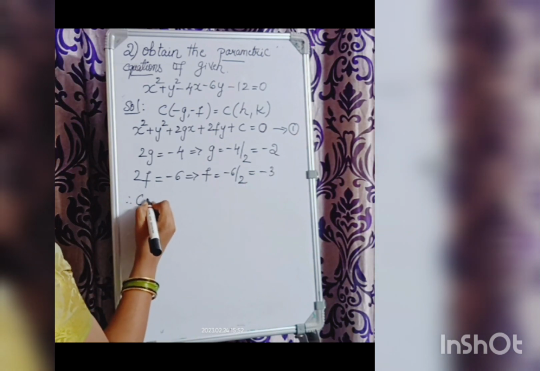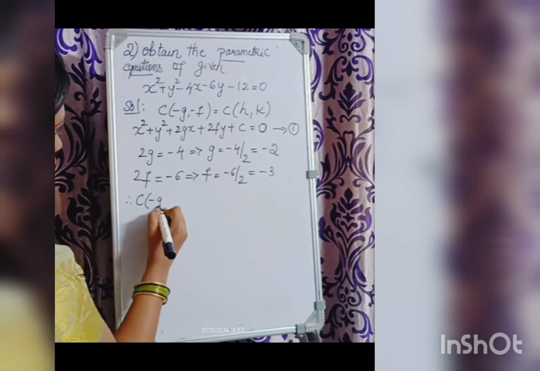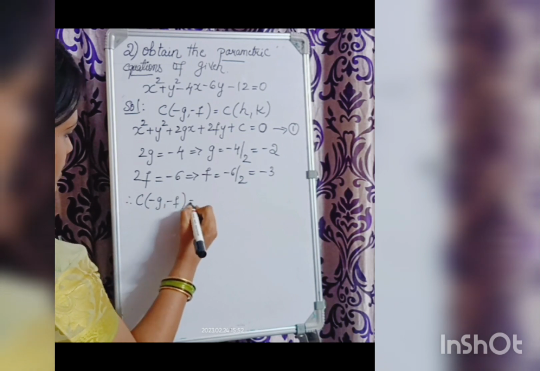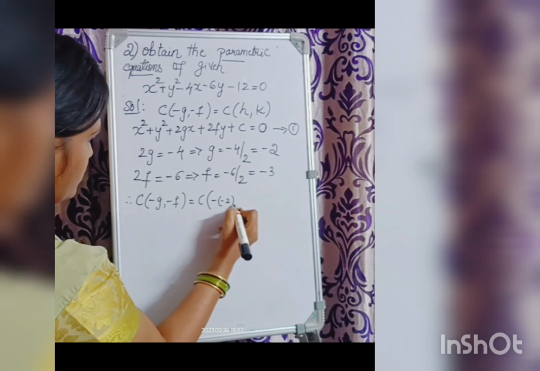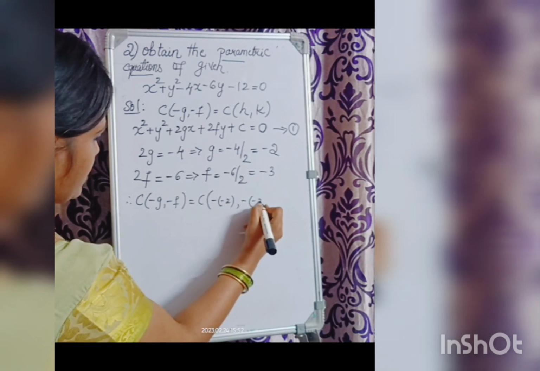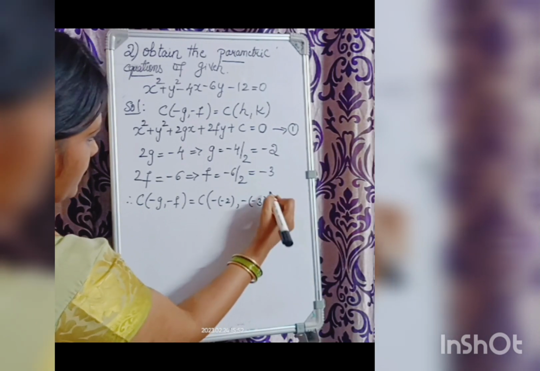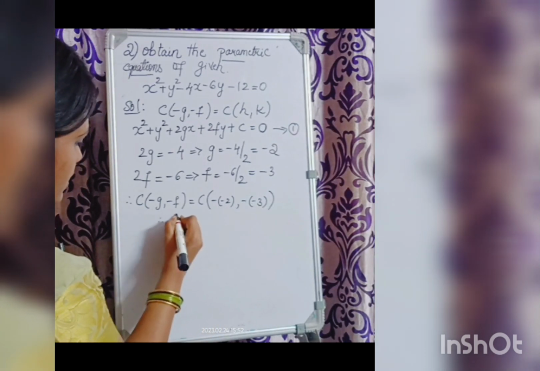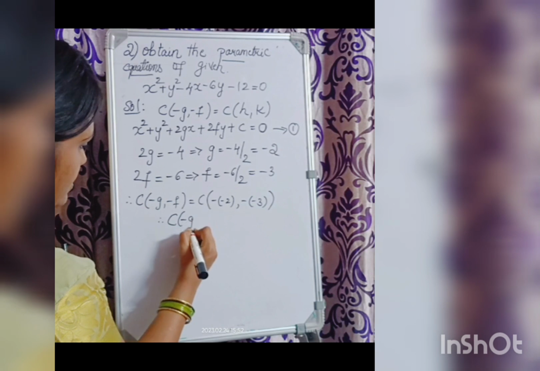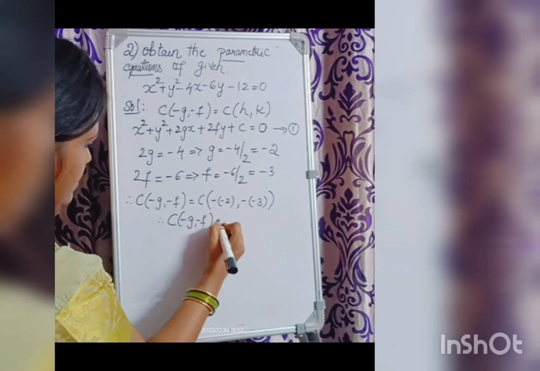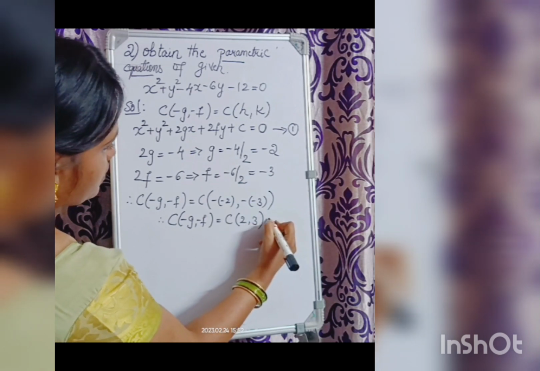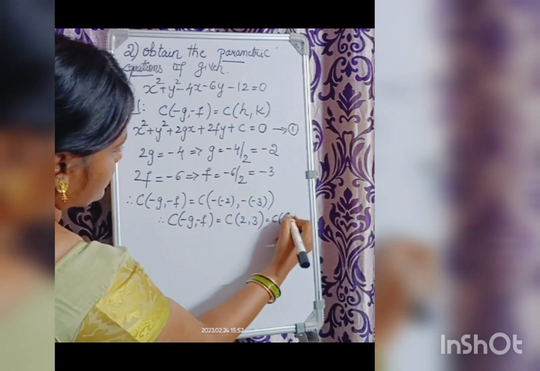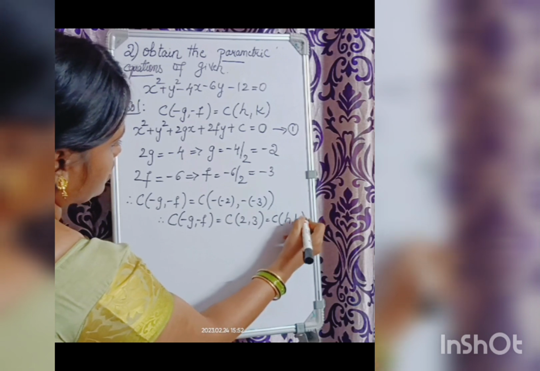Therefore, center is minus g comma minus f, which is minus of minus 2 comma minus of minus 3, right? Therefore, the required center of circle is 2 comma 3. You can also write this as h comma k.